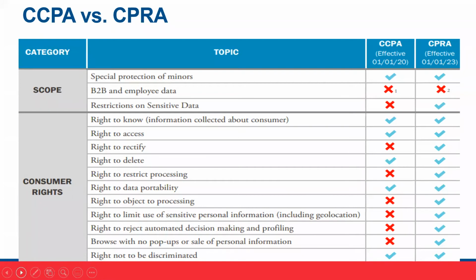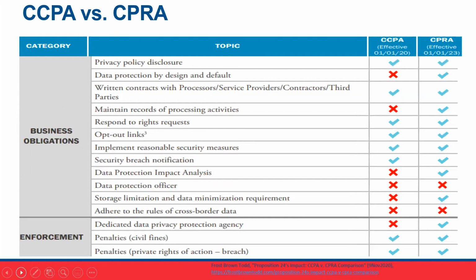So there are additional rights here that are provided for, and we have to keep all of this in mind as we develop our data privacy compliance programs. Next slide, please. Okay, so I won't speak to all of this, but as you can see, there are further requirements under CPRA, and I think this slide does a nice job of comparing and contrasting these requirements. Next slide, please.